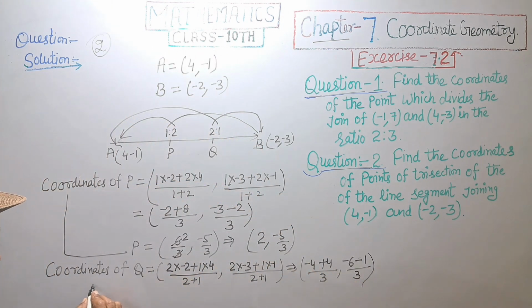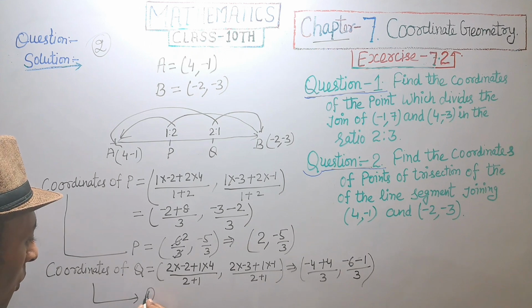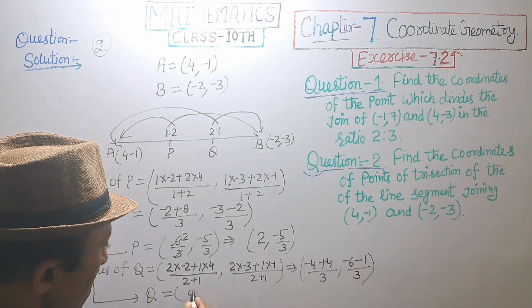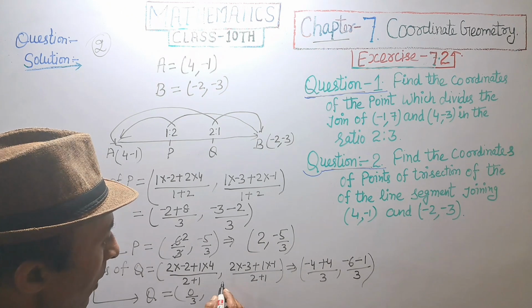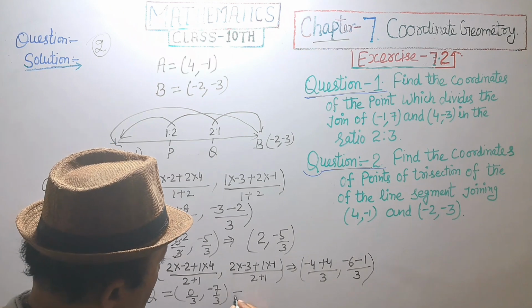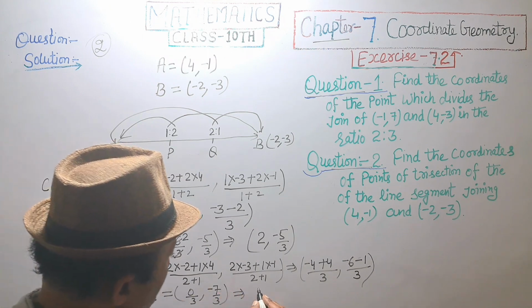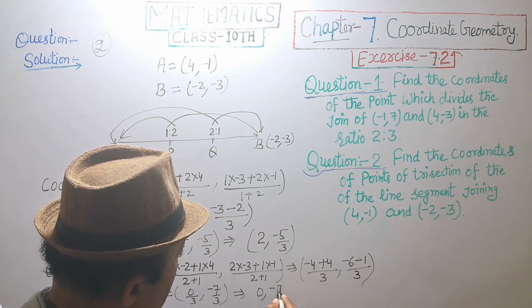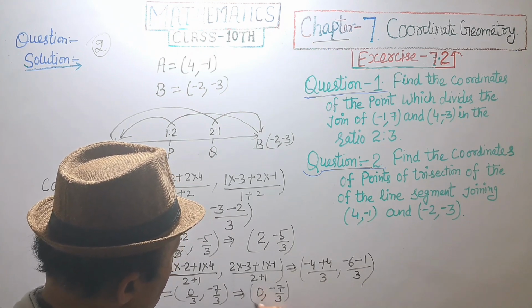So coordinates of Q is equal to 0 upon 3, comma, minus 7 divided by 3. This implies coordinates point of Q is equal to 0, comma, minus 7 upon 3.